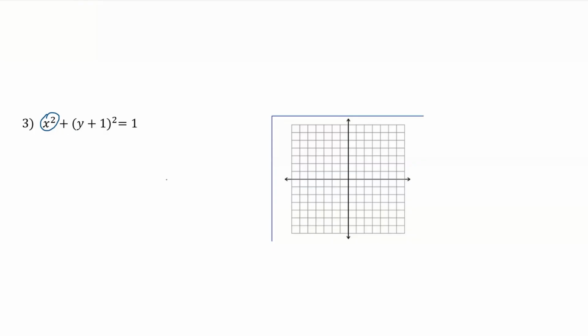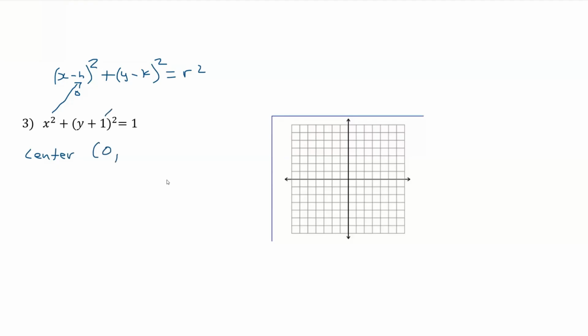If you're not clear what I'm trying to say, let's write the equation: x minus h squared plus y minus k squared equals r squared. So we're saying that the h for the x is 0. Right? So that means the center here, the x value is at 0.